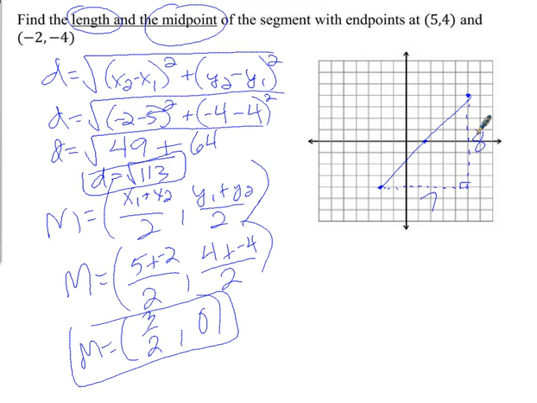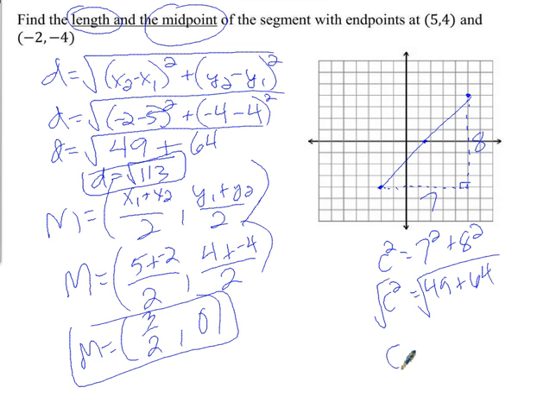So to do the Pythagorean theorem, I'll have c squared equals 7 squared plus 8 squared. C squared equals 49 plus 64. Square root both sides, and you have c equals the square root of 113. It's the same thing. 10.63. Leave it as an exact answer unless you're asked specifically to give the decimal approximation.